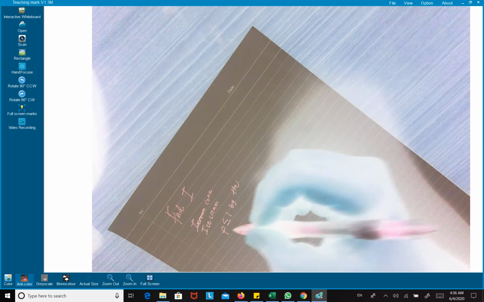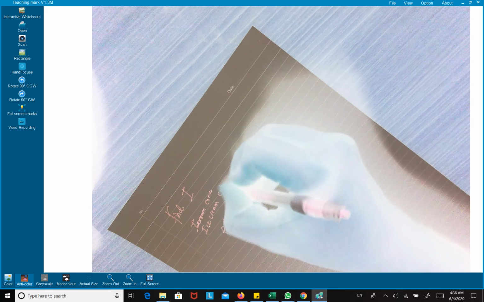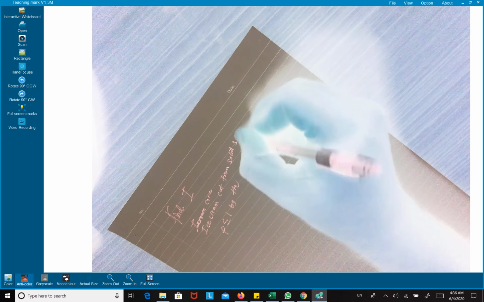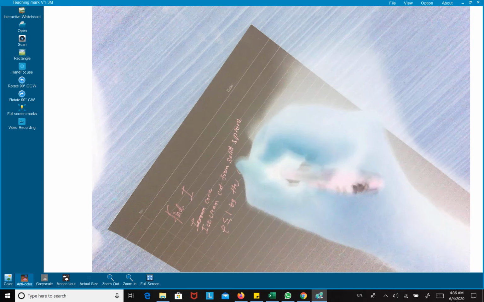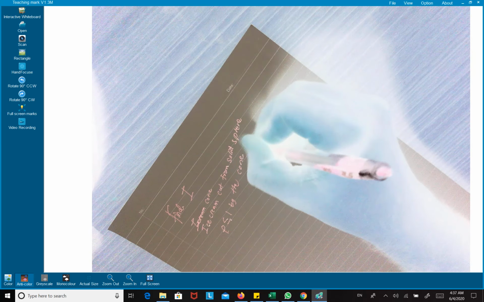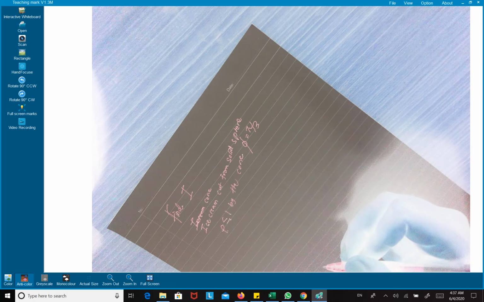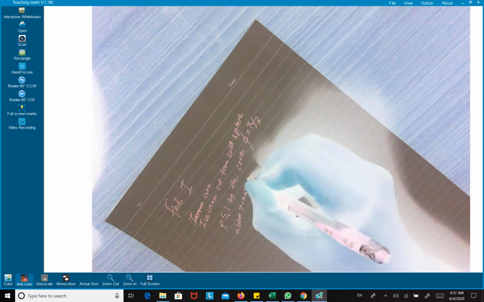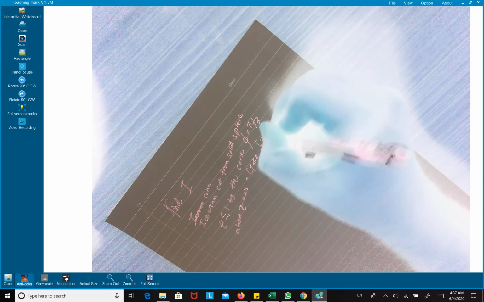Cut from the solid sphere when rho is less than 1, by the cone when phi equals pi over 3, about the z-axis, and take the density equal to 1.